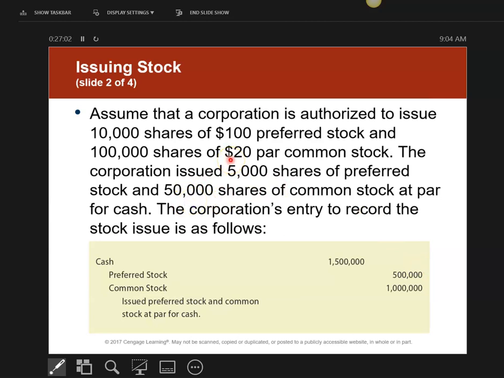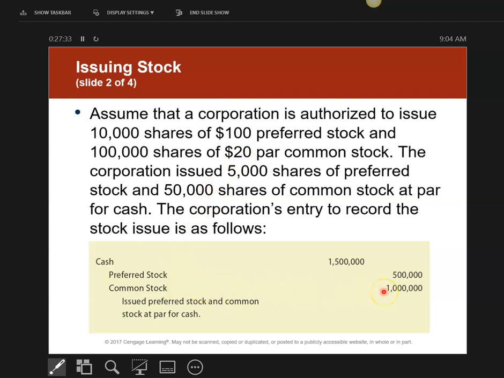I want you to write this down. This is going to be important. In the stock accounts, at all times, the dollar amount represents the number of shares times the par value only.